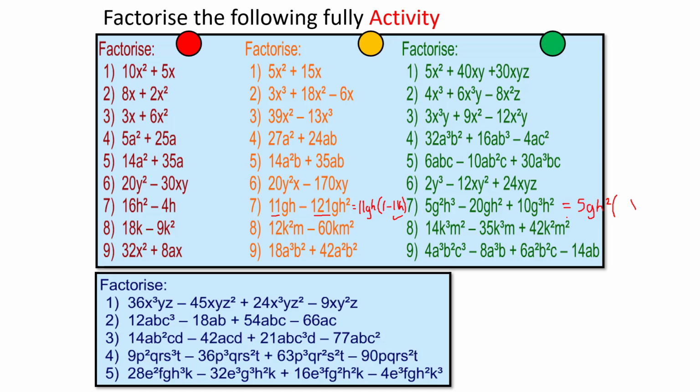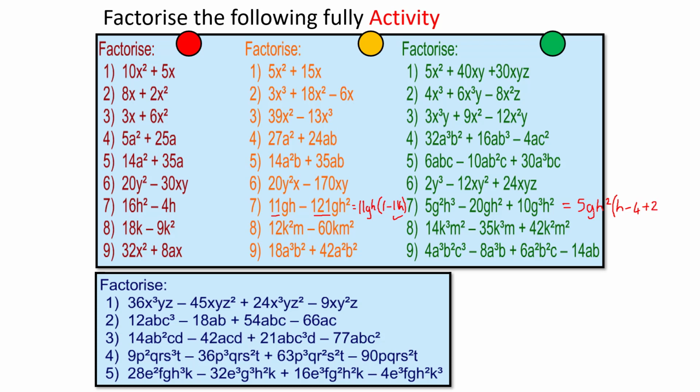So 5gh squared, but we need to have 5gh squared h cubed, so we just need to add an h here. So how are we going to get minus 20? So we've got to have minus 4. 5 times minus 4 is minus 20. We've got the g in already, and we've got all the h squared, so we just leave the minus 4. That will be fine. Now to get the 10, we need to plus 2 because there's a plus sign.